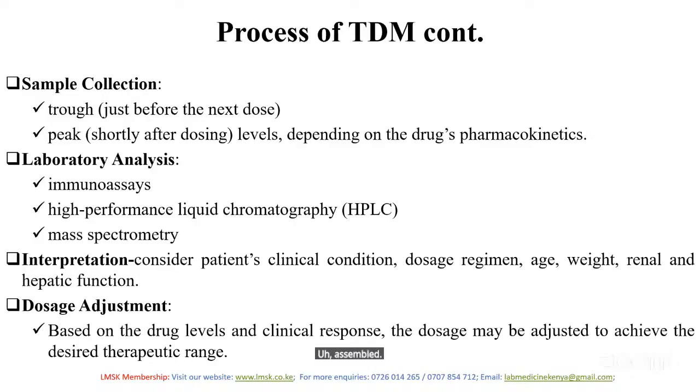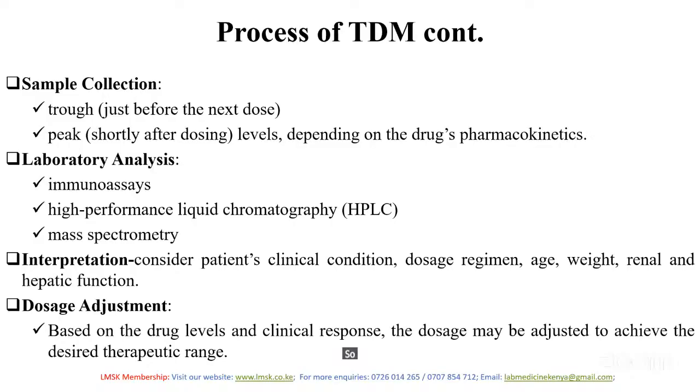Now, the next thing that you'll do is laboratory analysis. We have several immunoassays that are used for drug analysis. When you talk about immunoassays, you know there are things we call PETINIA, there's EMIT, there is radioimmunoassay.